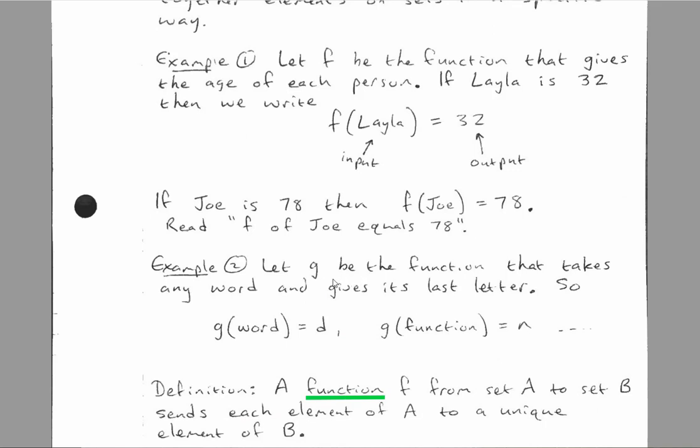Example 2, this function g. This function takes different types of input. It takes words, and what does it give you back? It just gives you back the last letter.